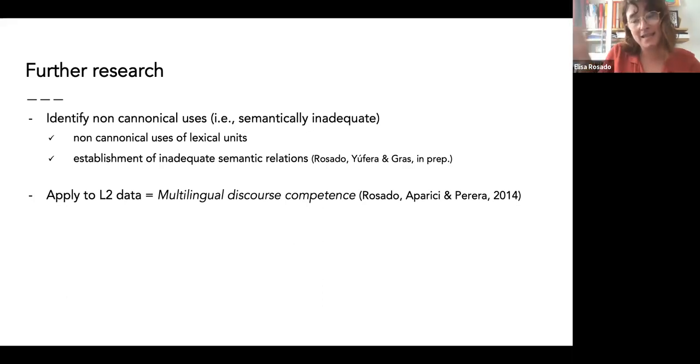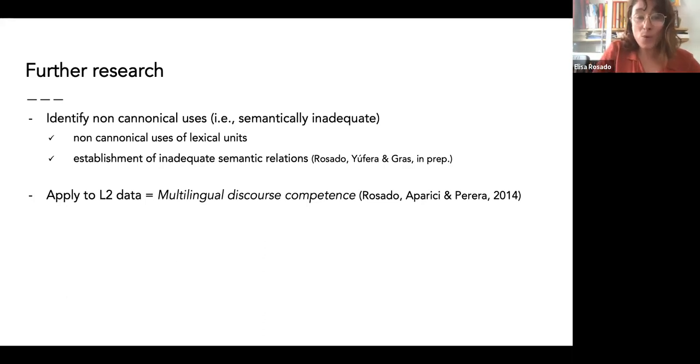Meaning those cases in which our students, our writers, use a given marker improperly, not adequately, in a context which is not the right one, okay? And that derives in the establishment of inadequate semantic relations or fallacies. They say what they don't want to say.